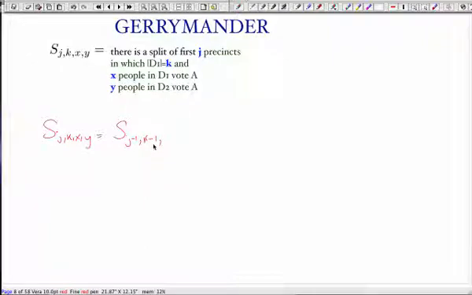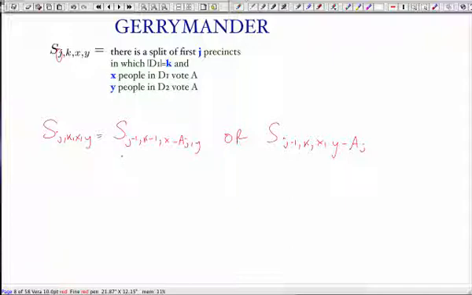You assign this last precinct to D1, in which case there are X plus A_J votes, or in other words, this Jth precinct has to be assigned to either District 1 or District 2.